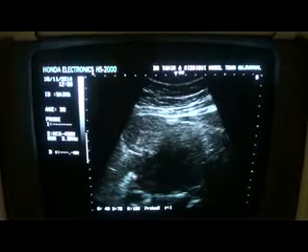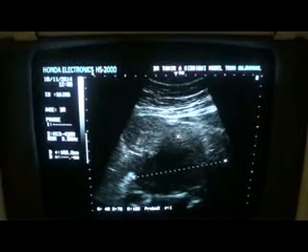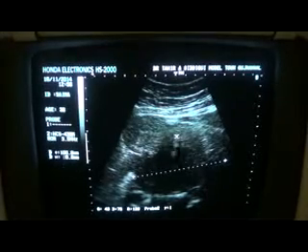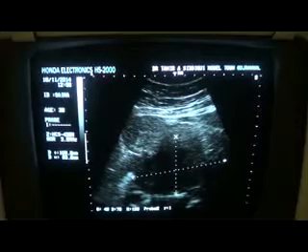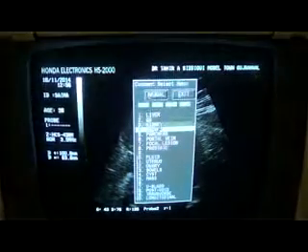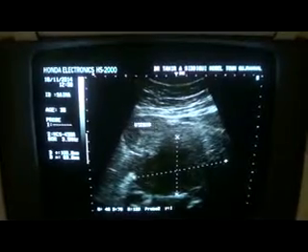This is the fibroid, and you see it's measuring approximately 10 by 6.3 centimeters. This is the uterus, and she has no complaint of menorrhagia.